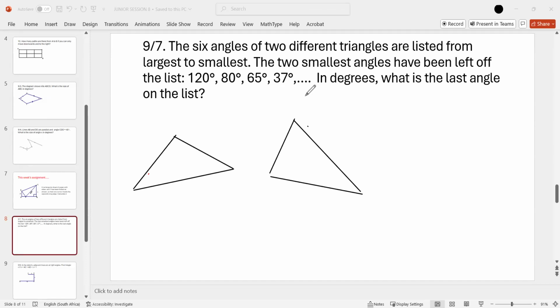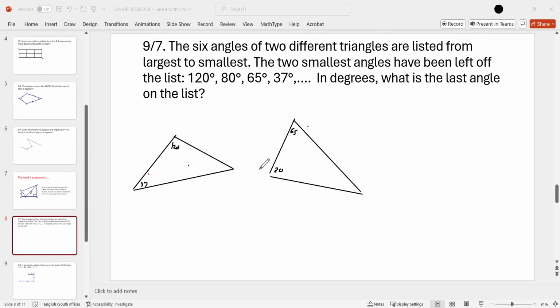So the largest, for instance, this looks like 120 here. This is the largest. You can see it's obtuse. And this looks quite big here. Let me make that the next one, 80. And this one is 65. And the smallest is 37. But all this is just guessing. We don't know.